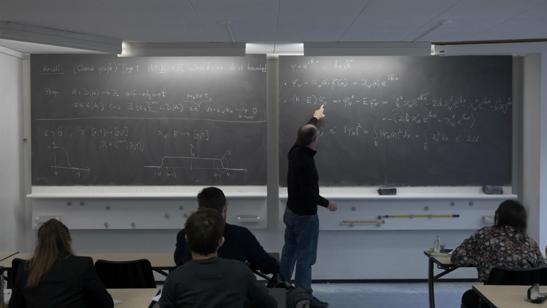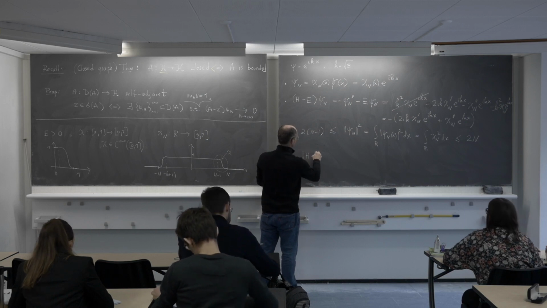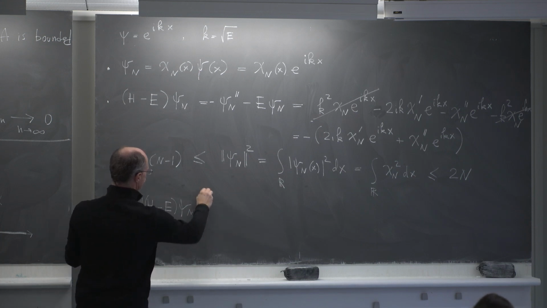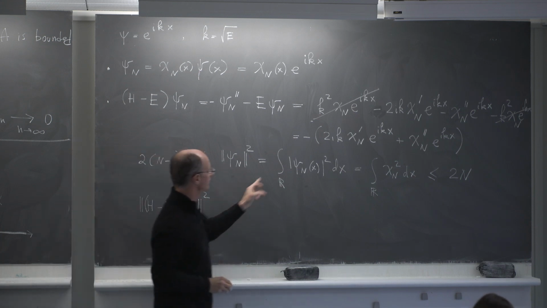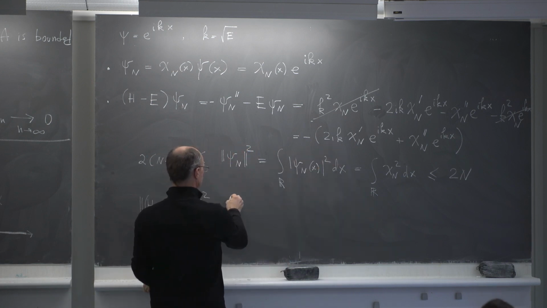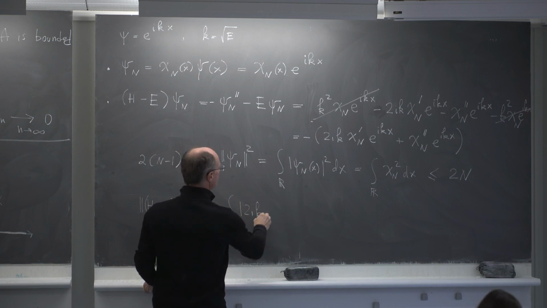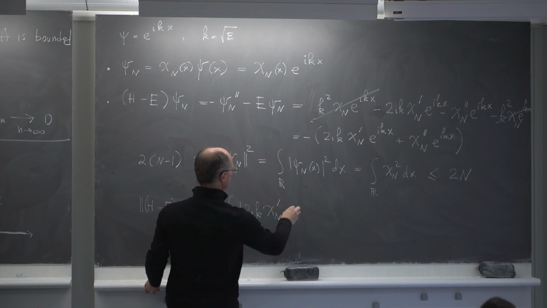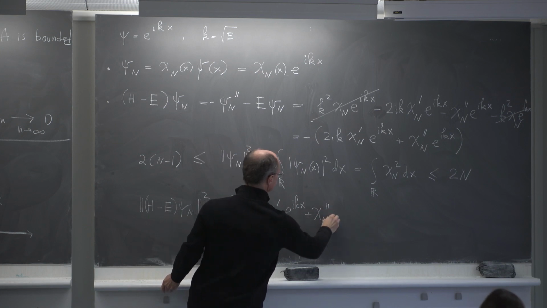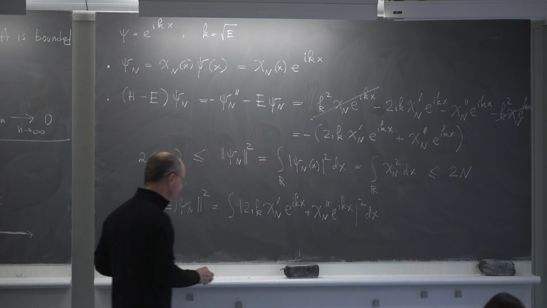Now what about the L2 norm of this guy? So that's the L2 norm squared of this thing. So this is equal to the integral of 2ik chi n prime plus chi n double prime, squared, dx.